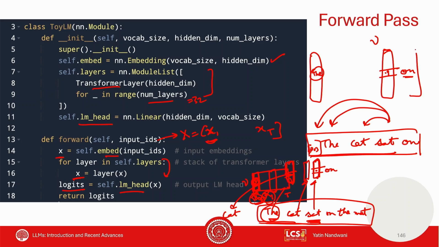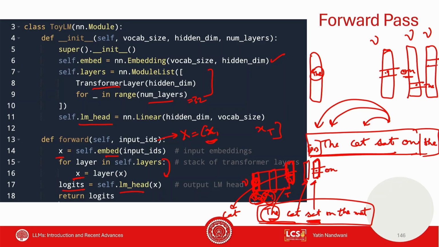In the end, I will again have a distribution over V size, and here the token corresponding to the will have the highest probability. I will pick that, and now this becomes the input. When I pass this through the model, I will again have a distribution, and here which token will have the highest probability?